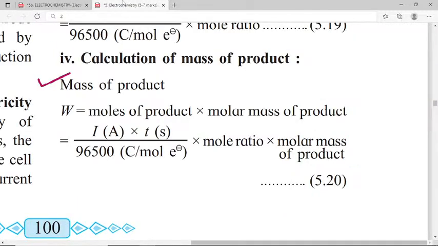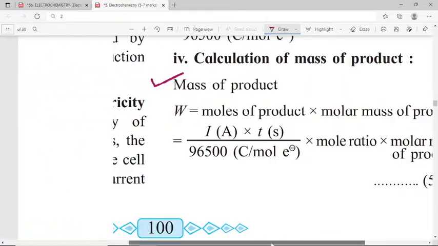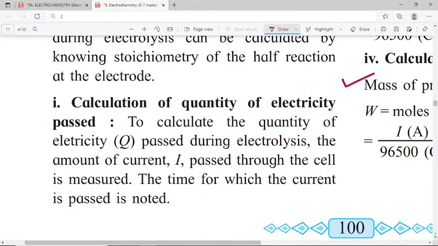I am using the formula for when two different electrolytic cells are used in series.